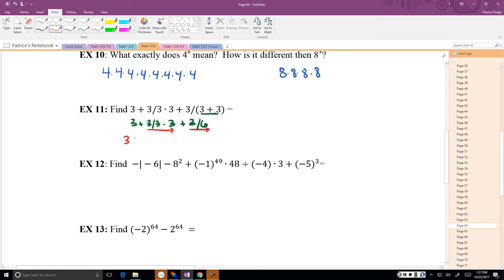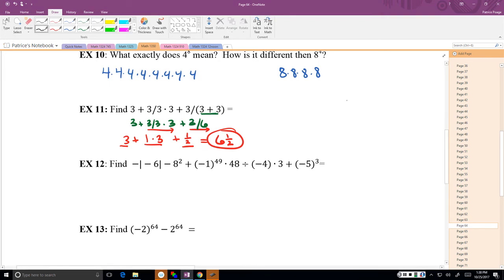So I'm just going to write 3 plus, and going left to right, I have 3 divided by 3 is 1 times 3. 3 divided by 6 is 1/2. So I have 3 plus 3 plus half, which is 6 1/2. Yes? No, yes, no. Okay, anyone have a question on that one? This one's going to be even more dramatic.